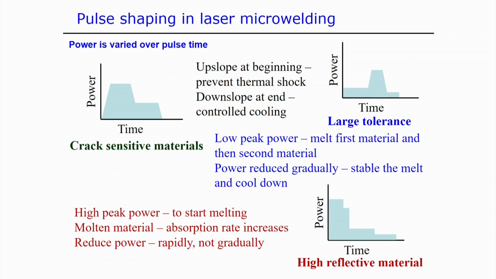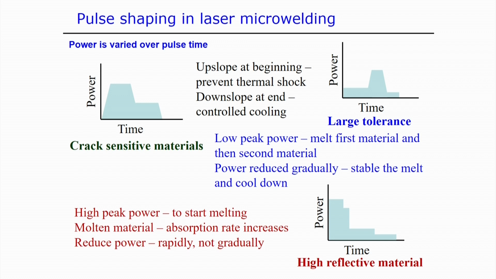The first thing is the crack sensitive materials. If you see the design of the pulse for crack sensitive materials, first there is an upslope at the start, which means a gradual increment of the power at the beginning. This shape of the pulse prevents thermal shock, compared to the sudden application of the pulse at time t equal to 0.